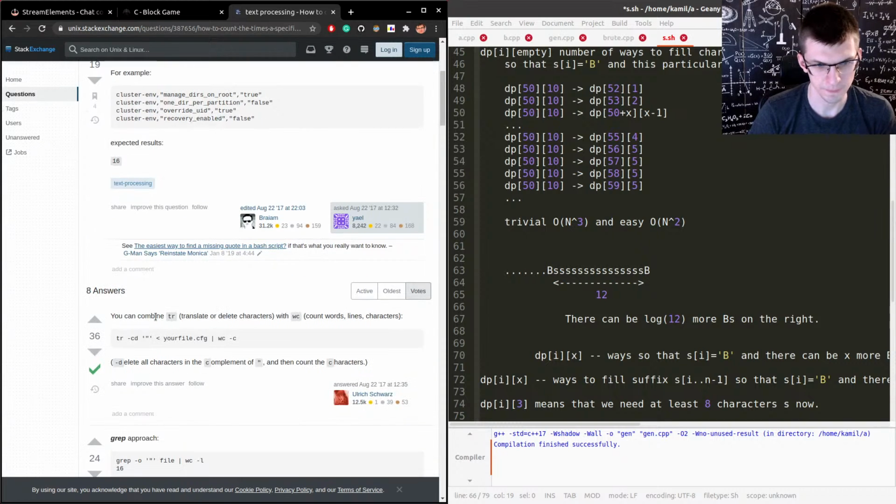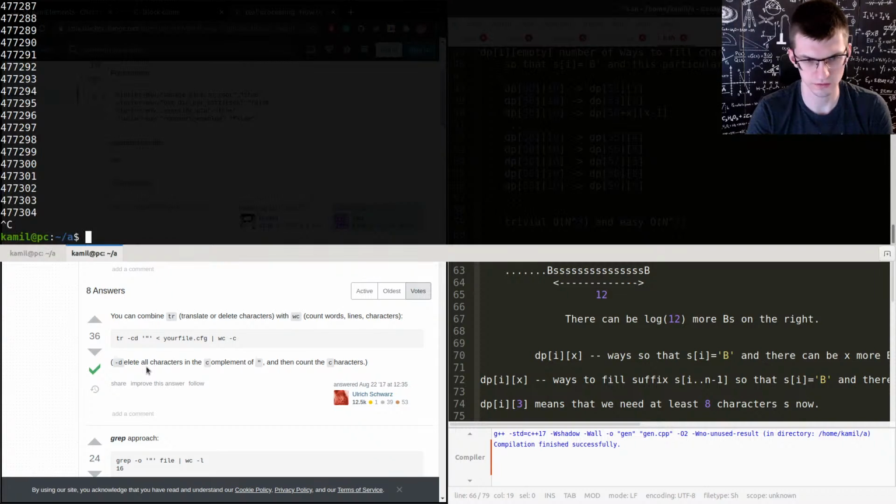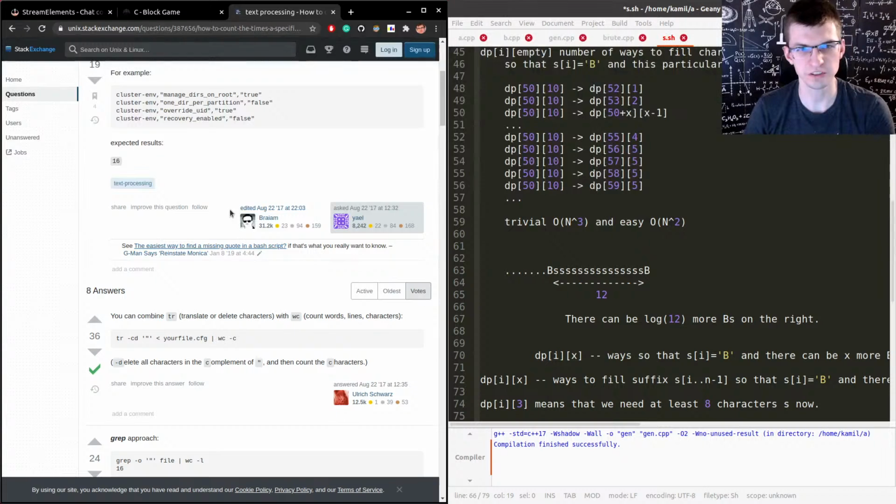All right. You can combine translate or delete characters with this. See, so remove everything here. I'm just learning bash now.